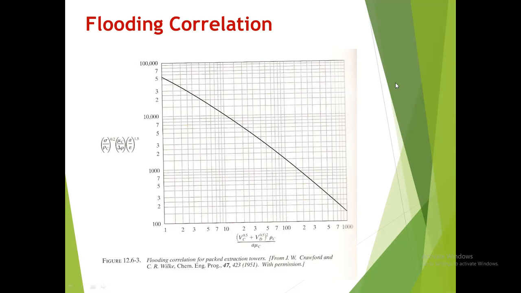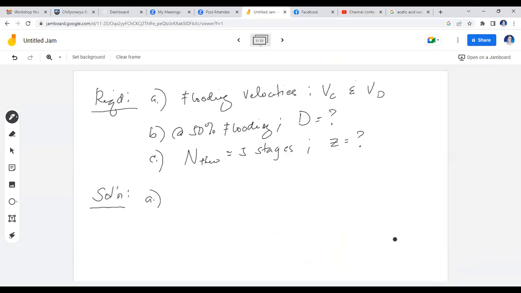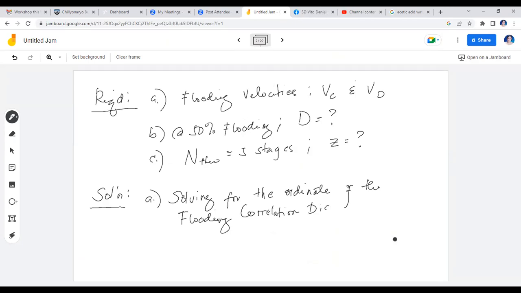Okay, go to our Jamboard. Solving for the ordinate of the flooding correlation diagram.